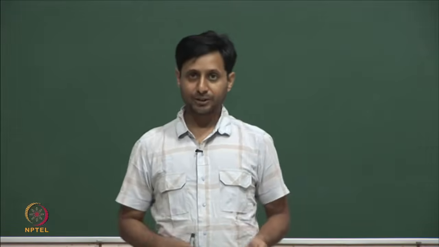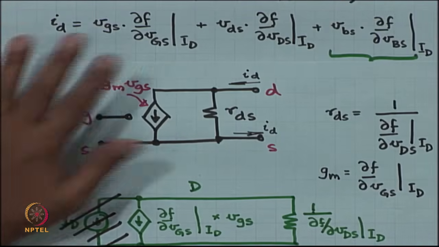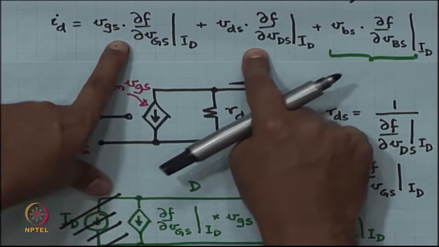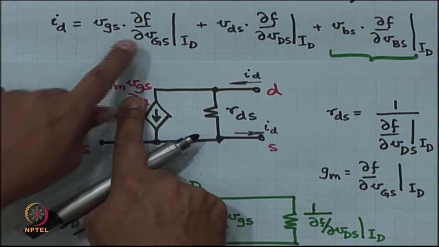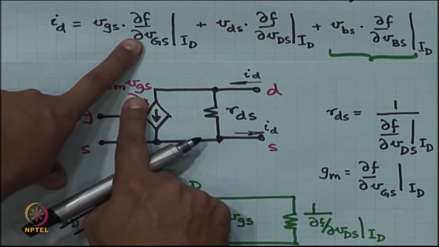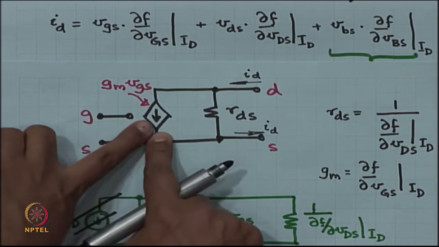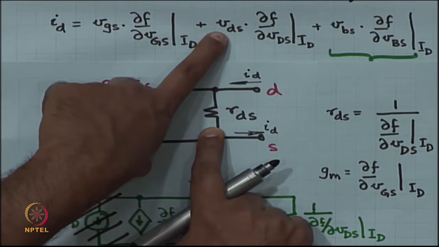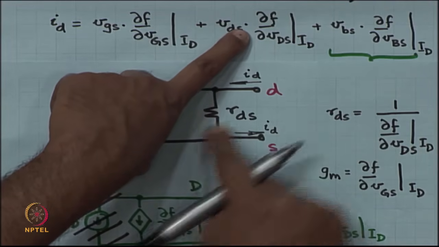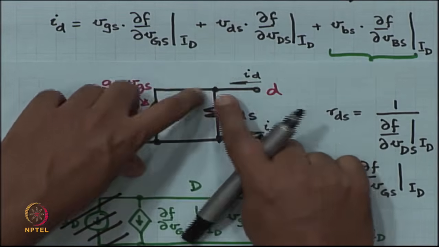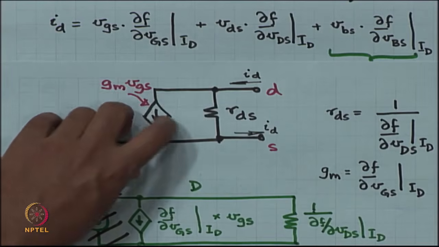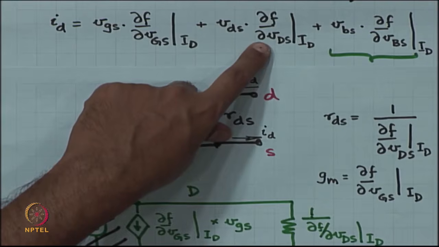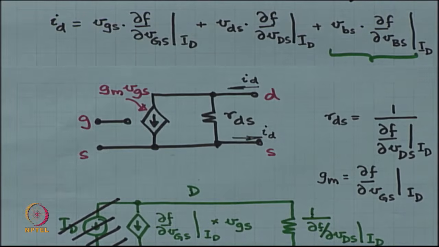Okay. So, how does the model change? The earlier model had two components, because there were two terms over here. So, this was Gm times Vgs, where Gm is equal to dou f by dou Vgs computed at the operating point, plus Vds times 1 by Rds, Vds by Rds, okay, where 1 by Rds is dou f by dou Vds.